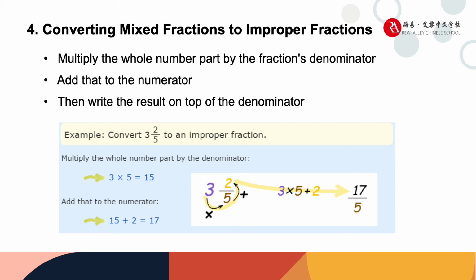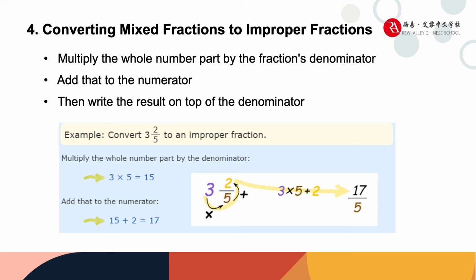Then add that to the numerator. 15 add 2, we get 17. Then write 17 on the top and remain the denominator as 5. Finally, we converted the mixed fraction 3 and 2 over 5 to an improper fraction 17 over 5.